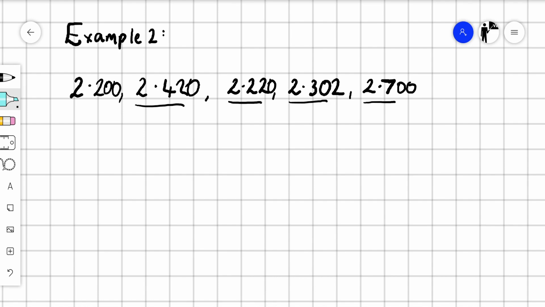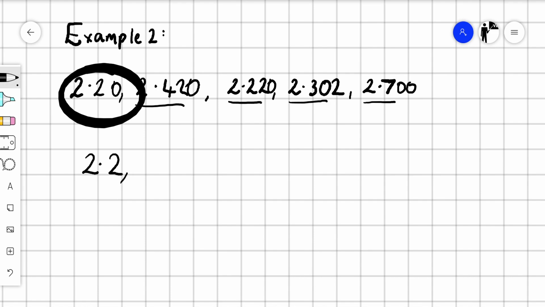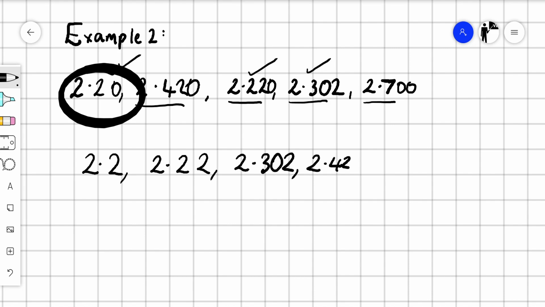If we're looking for the smallest, it's going to be 2.2, this guy here. Then we're going to have 2.22. Then we'll get 2.302. Then 2.42 and 2.7.